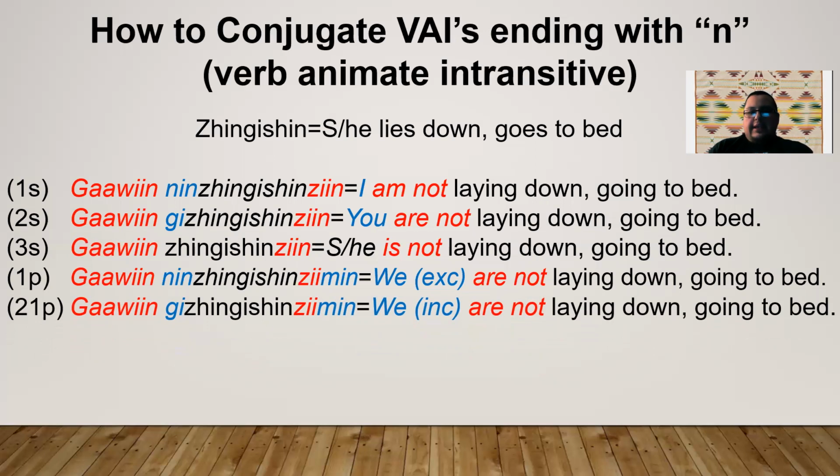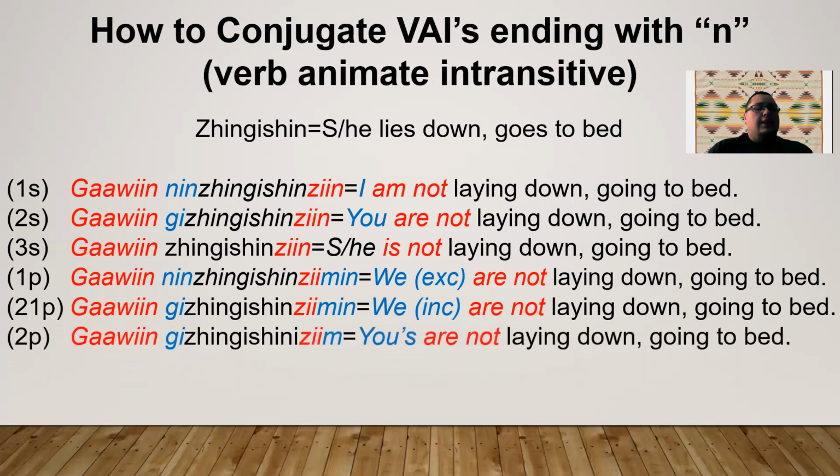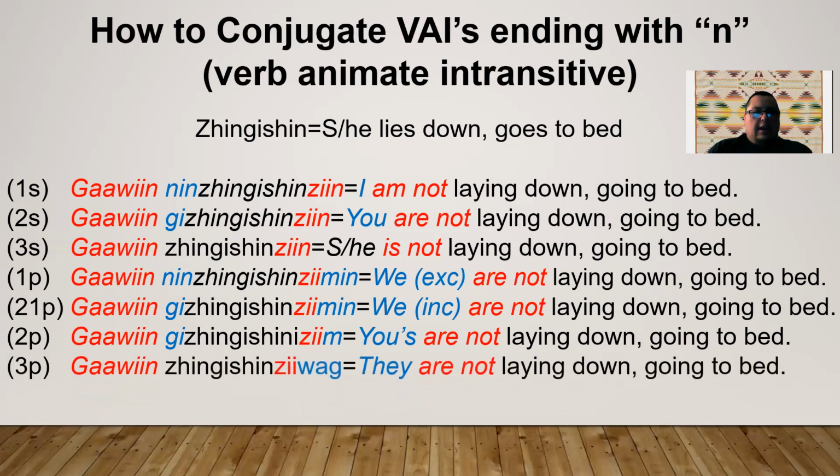We are not laying down or going to bed. Second person plural, talking about yous or you all. Gawin gizhingishinzim. Yous are not laying down, going to bed. And our third person plural, talking about they. Gawin zhingishinziwag. They are not laying down or going to bed.